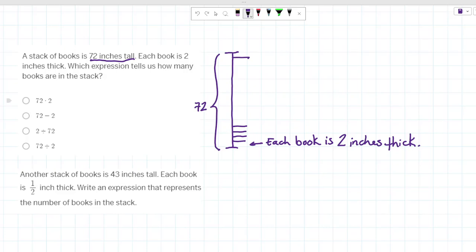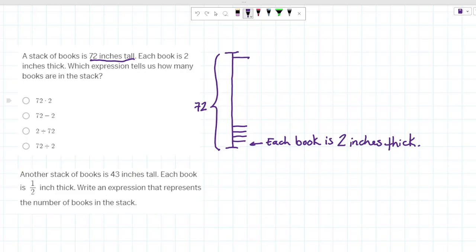So now it comes down to, are we talking about 2 divided by 72 or 72 divided by 2? Well, 2 divided by 72, I bet if you evaluate that one either using a calculator or just trying to think about what this expression would evaluate to, you'll realize that it's kind of a small number.